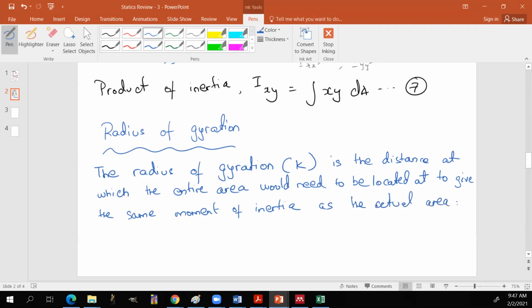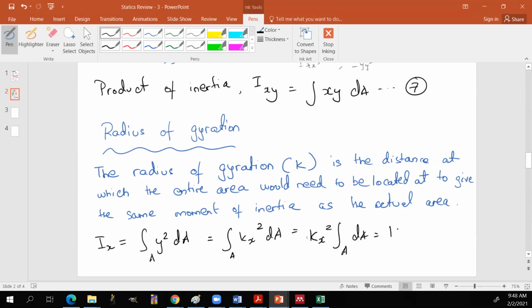Never fear, math makes life easy. Ix is equal to the integral of y squared dA. So we're just going to assume that this is a constant now, so this is going to equal the integral of kx squared dA. You can just pull the constant out, so you get kx squared times the integral of dA, which is just kx squared times the area.